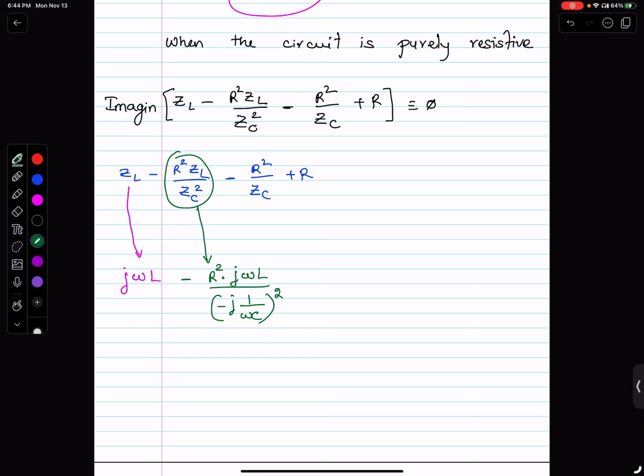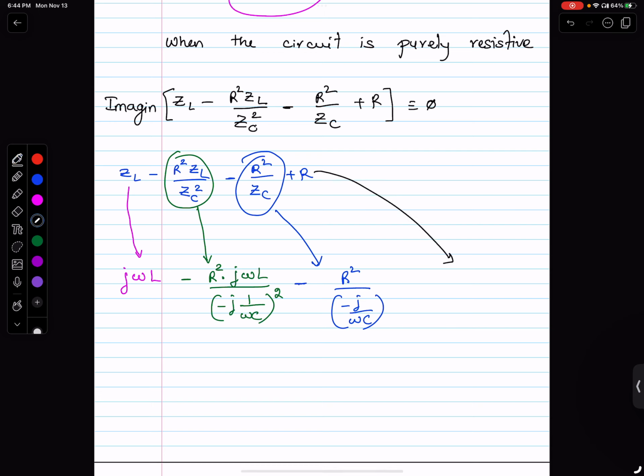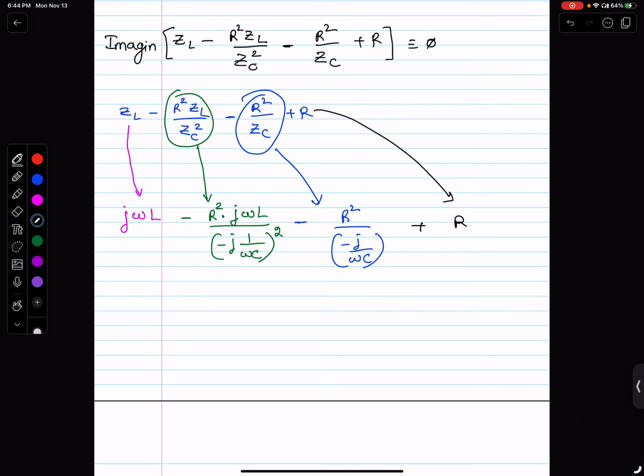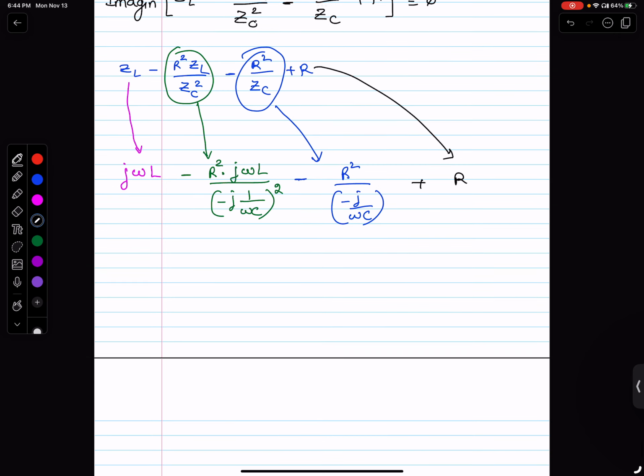Now let me write this next one as well, negative R squared by negative j by omega C. That's the idea. And then there is this R term over here, the boring R term. Now let me simplify this further, and you will see where I'm going with this.